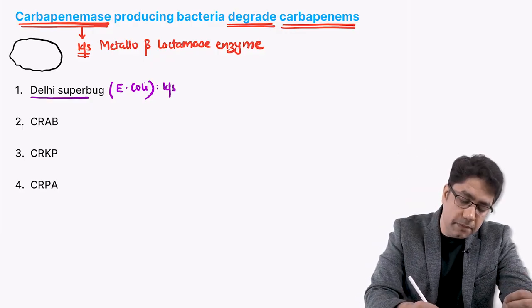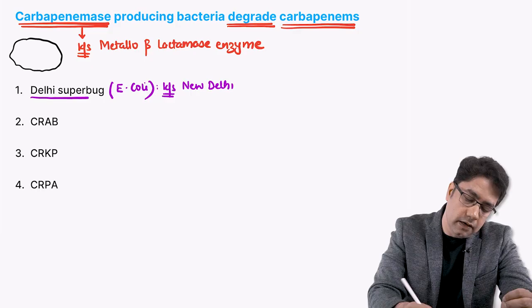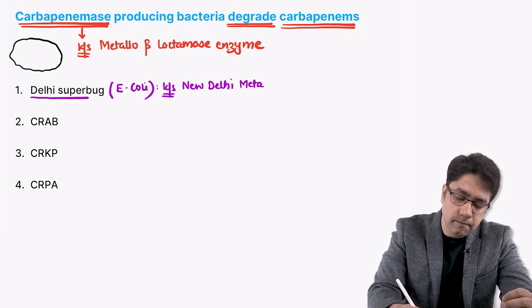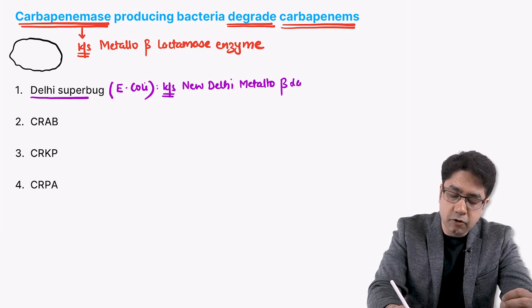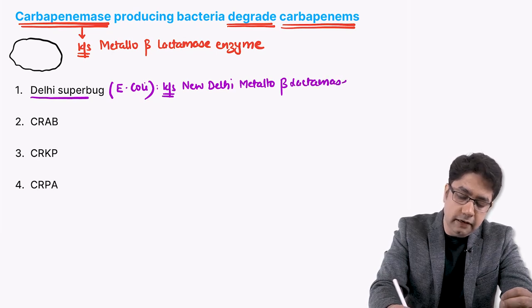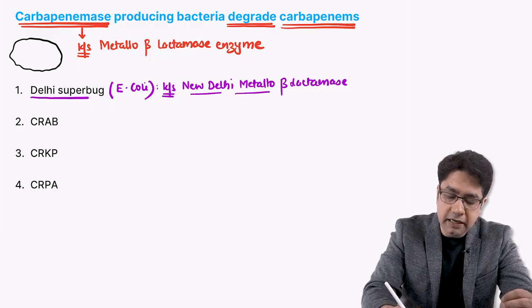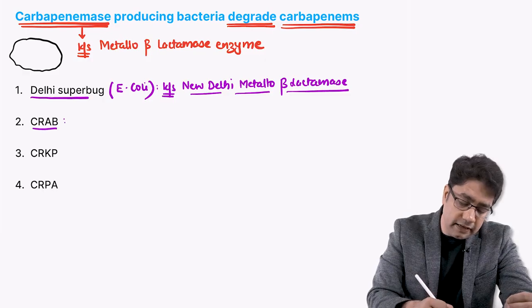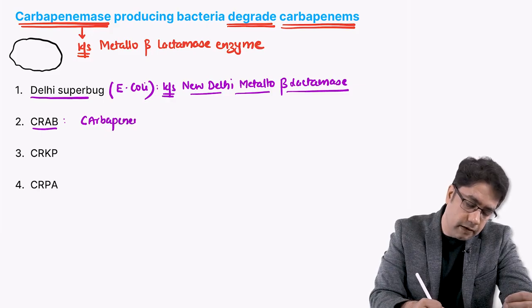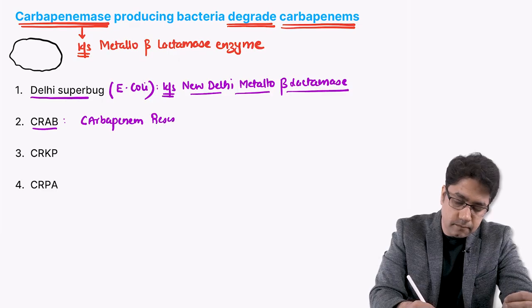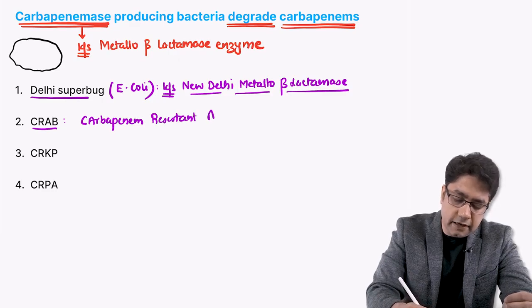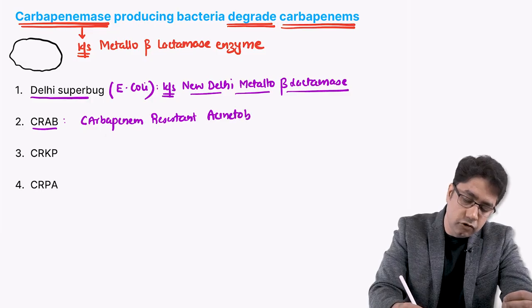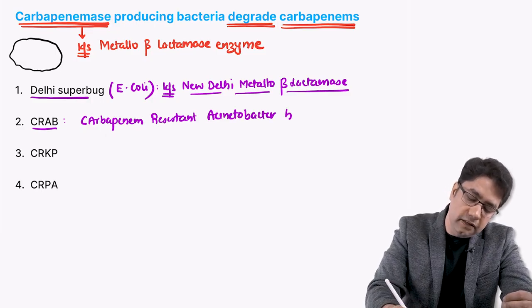And this Delhi superbug was also known as New Delhi metallo beta lactamase producing E. coli. New Delhi metallo beta lactamase strain of E. coli. Similarly, we have CRAB. In CRAB, CR stands for carbapenem resistant Acinetobacter baumannii. So it's a very big problem in our hospitals.